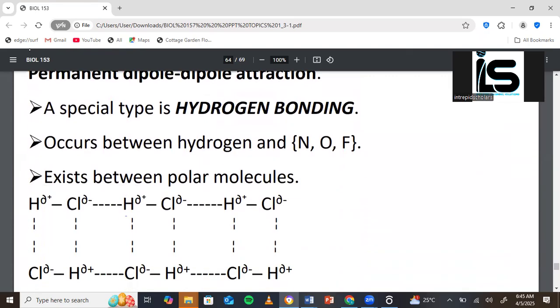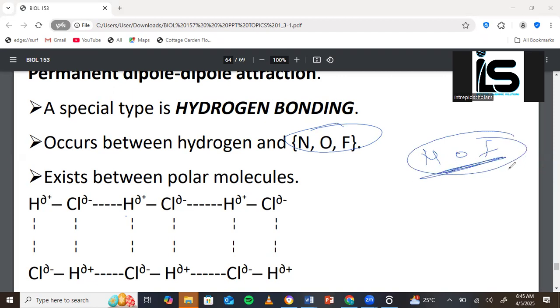Now the permanent dipole. There's a special type of permanent dipole which is called hydrogen bonding. Hydrogen bonding is formed by hydrogen and these three atoms: nitrogen, oxygen, fluorine. Now these are the strongest of the intermolecular forces that we know. For covalent compounds, these are among the strongest that we can talk about.